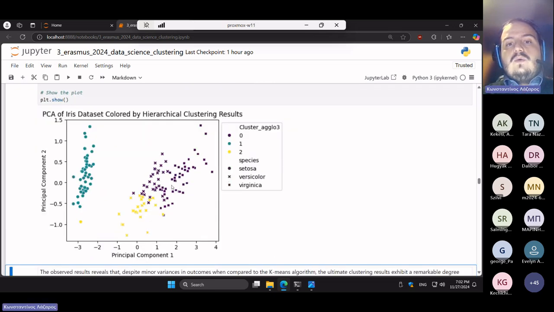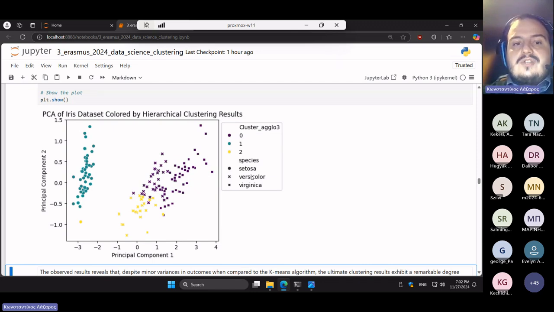So what do we see here? Not a lot of things have actually changed, right? There have been some very minor, subtle changes, which are attributed to the way this algorithm works.